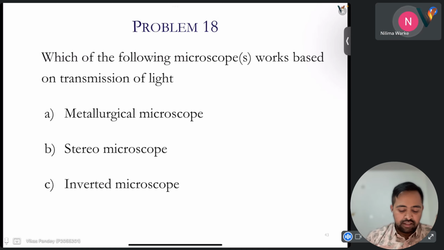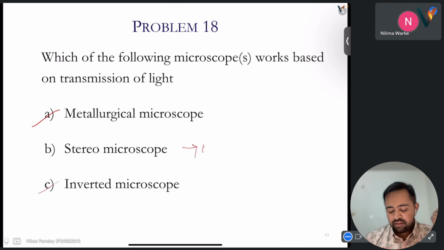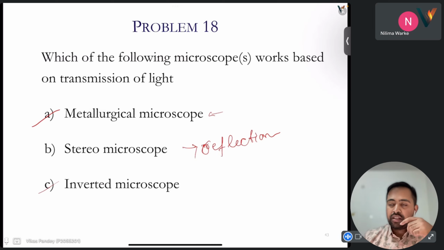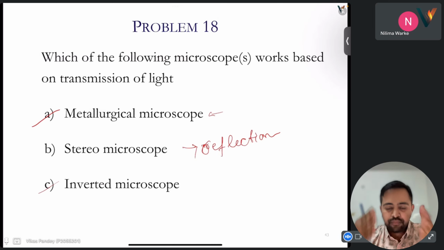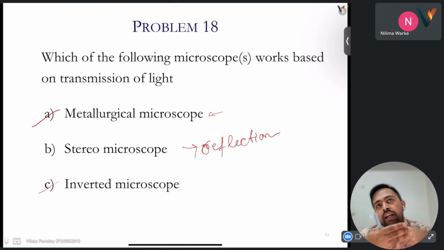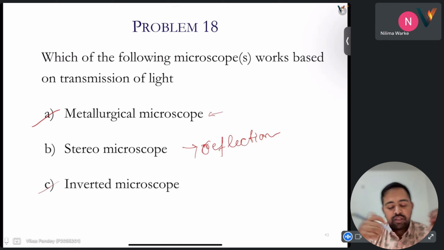Stereo works on the reflection, but metallurgical works on both. It works on reflection as well as transmission of light, since the transmission occurs through our objective itself. And inverted, we put the light such that there is a transmission, right?